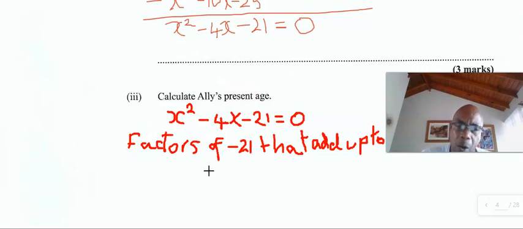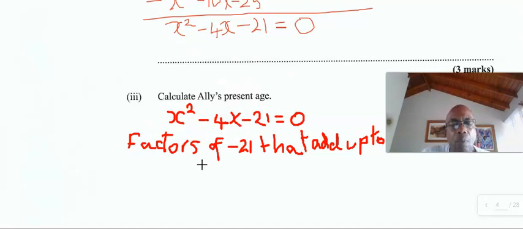And so we think of 2 numbers. When you multiply them, you get negative 21, and when you add them, you get negative 4. The 2 numbers that should come to your mind are 7 and 3, because 7 times 3 is 21. But you're supposed to get minus 21, so one factor must be positive and the other negative.